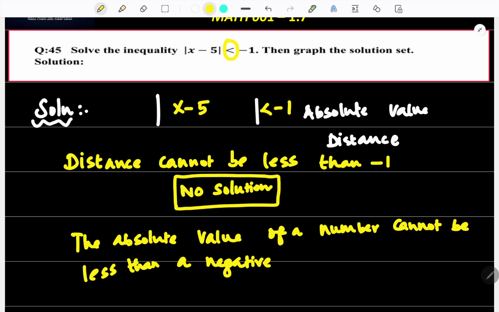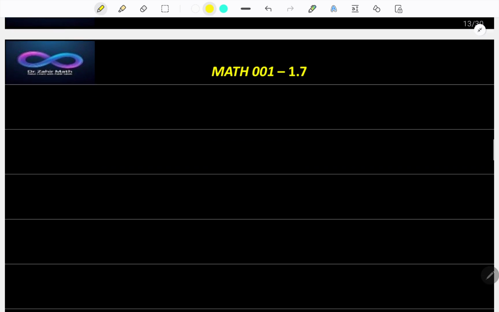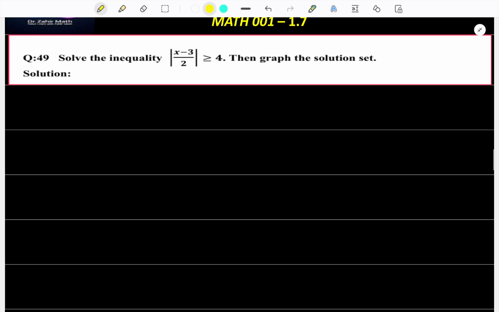This also you can understand if you want to understand. Otherwise, simple word, distance cannot be less than minus 1. So you're going to write what? No solution. Right? Okay.